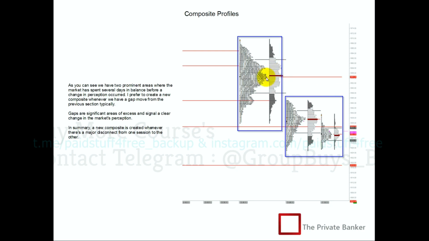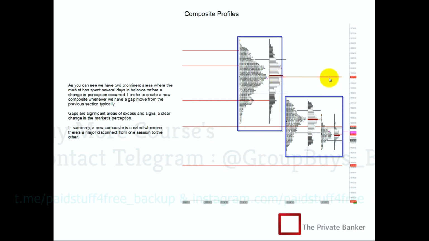And just speaking in terms of looking at potential reaction areas that I want to see the market rotate to, I really put a lot of significance on the volume point of control in this sense over the TPO point of control. And the reason for that is simply this is where the most volume has been traded. It represents a high area of liquidity. So excellent target areas for trades coming out of this.